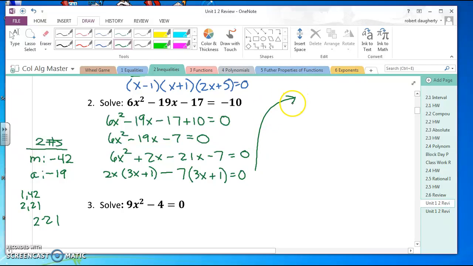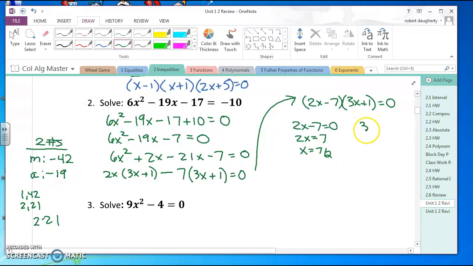So my factorization is 2x minus 7 times 3x plus 1 equals 0. Set each of those equal to 0. 2x minus 7 equals 0. That means 2x equals 7, or x equals 7 halves. 3x plus 1 equals 0. 3x equals minus 1. X equals minus 1/3. Those are my 2 solutions.